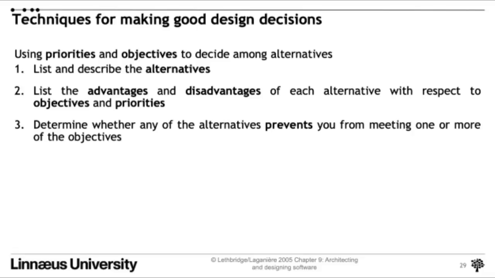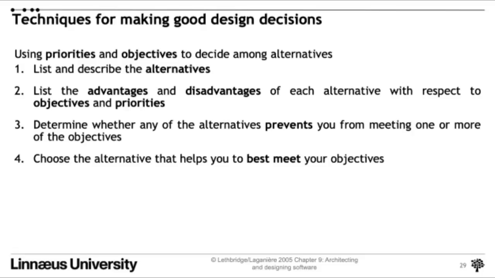If you remember the design space and the design path that we discussed earlier today, if you have one alternative that prevents you from going down the tree and reaching your destination, then you have to avoid that branch or that path.